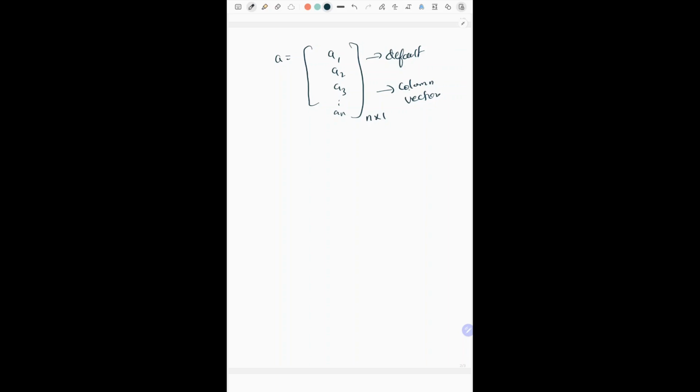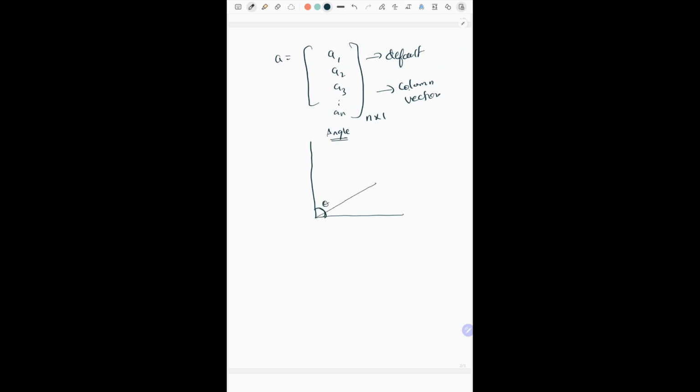Now we will see how to calculate the angle between two vectors. That's what we are going to see.